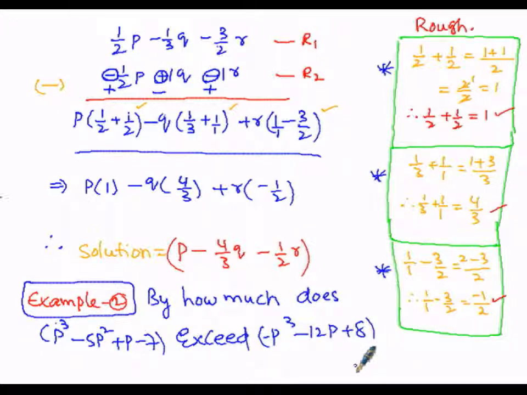By how much does p cube minus 5p square plus p minus 7 exceed minus p cube minus 12p plus 8?